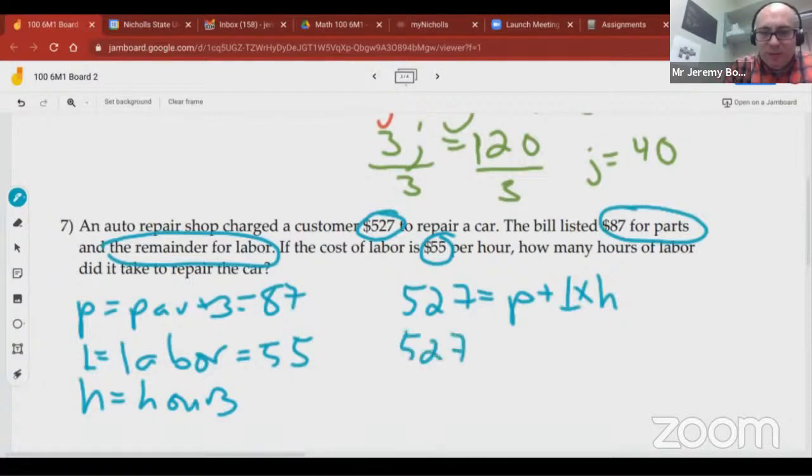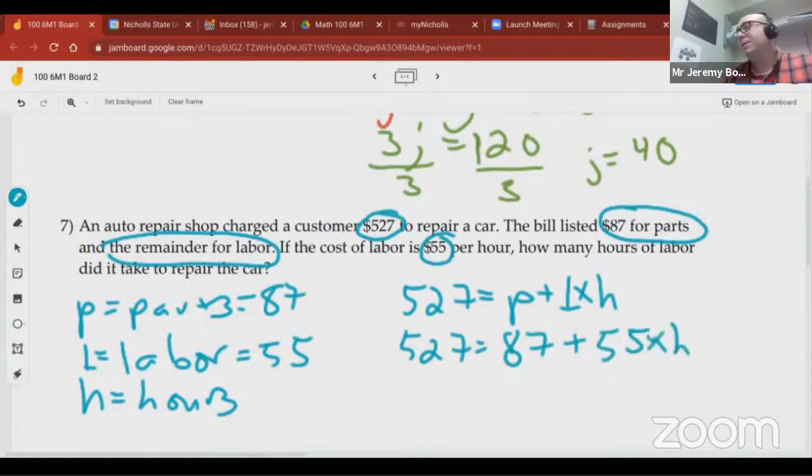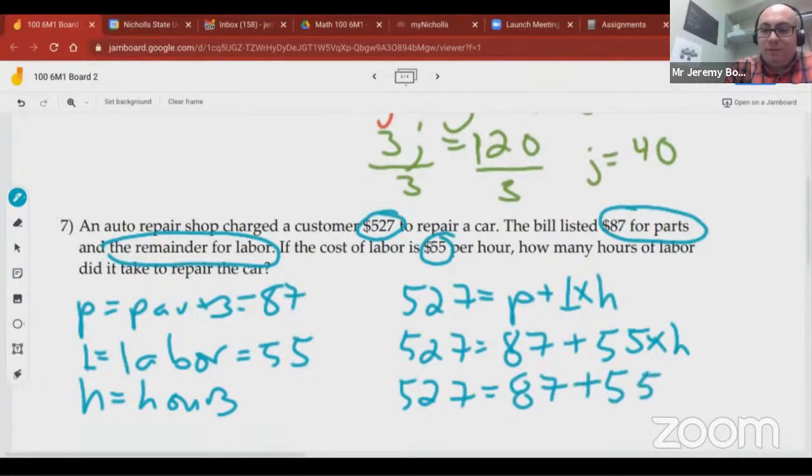We know P is 87. We know that labor is $55 per hour, so we can make that 55 times H. If we write this out in a simpler format, this would be 527 is equal to 87 plus 55H.